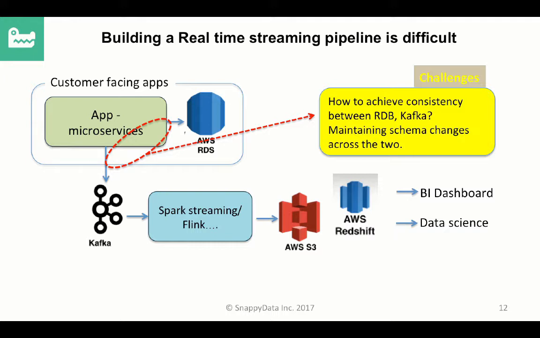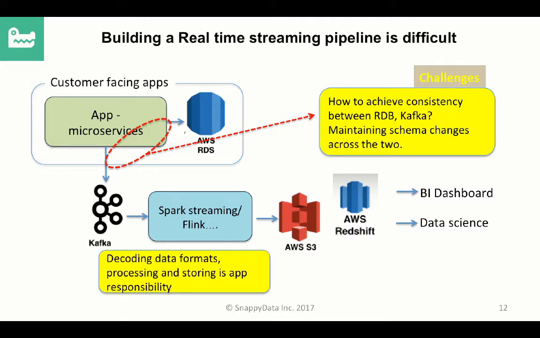And finally, you have to write code that decodes data objects from Kafka. Maybe the data was formatted as JSON, and storing it with consistency to your analytical store is again your responsibility. The other challenges have to do with when failures happen, you might end up having the messages delivered twice.